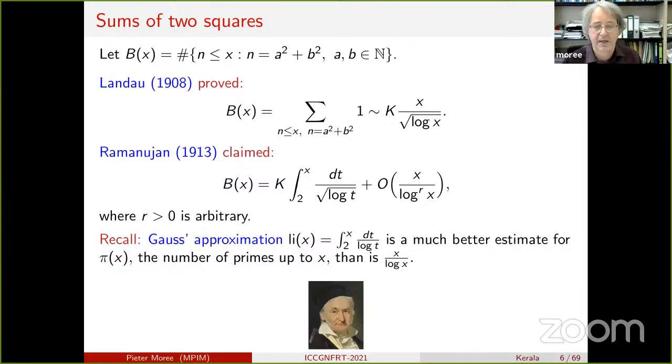On the other hand, Gauss, when he was a teenager already, made the claim that the number of primes up to x should be well approximated by the logarithmic integral, plus a very small error term. And we know from the unpublished manuscript of Ramanujan that indeed he was inspired by this analogy with counting primes.